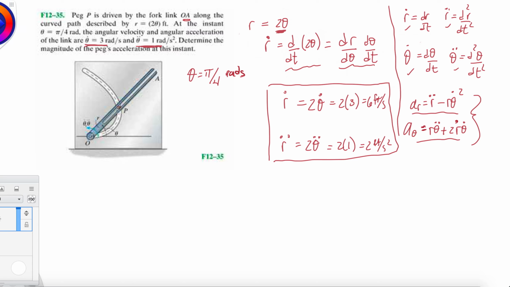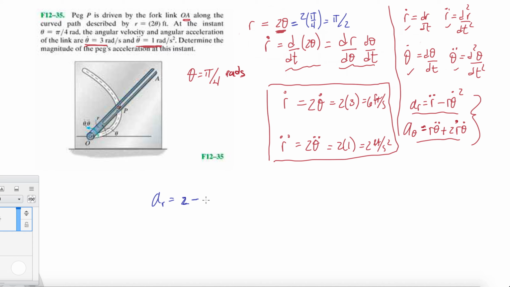Let's switch colors. So let's do the radial component. It's going to be r double dot, so that's 2, minus r. So what's r? It's 2 theta, so let's calculate that. 2 times theta, so it's 2 times pi over 4, which is just pi over 2.